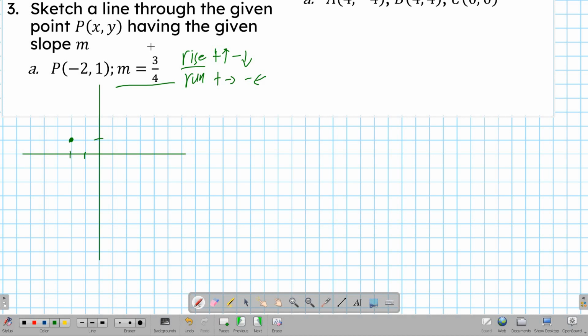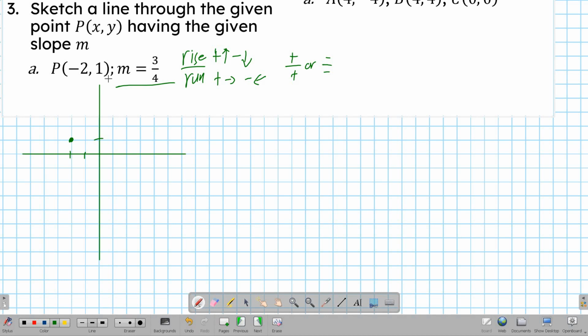So if the whole fraction is positive, either you have both positives in the numerator and denominator, or both negatives in the numerator and the denominator. Later, when we check, the line will look the same. Let's first try both positives. Rise positive, run positive.